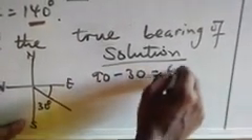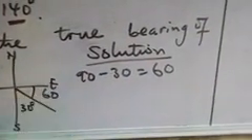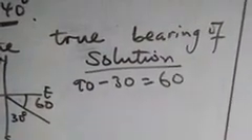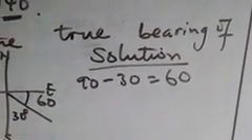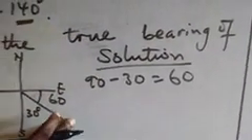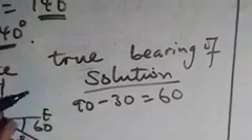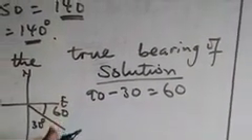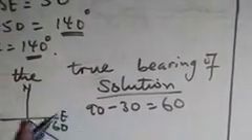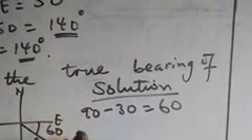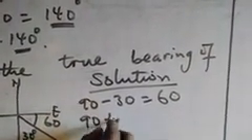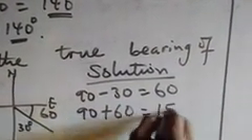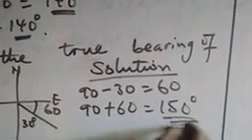That means the remaining here is 60. So you are concerned with 60 degrees here. For you to know the whole bearing from north down to southeast, you add 90 plus this 60. So your answer will be 150 degrees. That is the bearing.